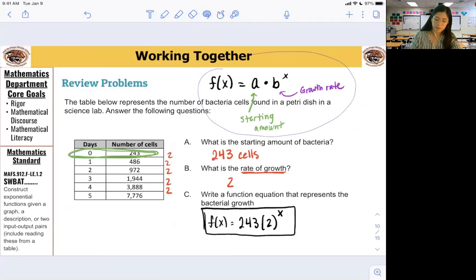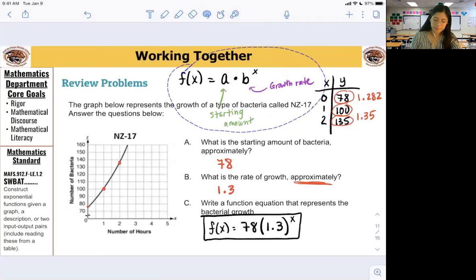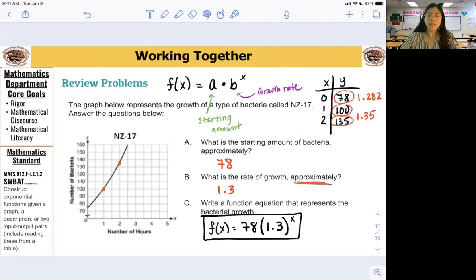Follow the rule. I'll put it here as well. It's always going to be a times b to the power of x. So we just use the starting value and the growth rate, and that's it. Anyone else? Any other questions?